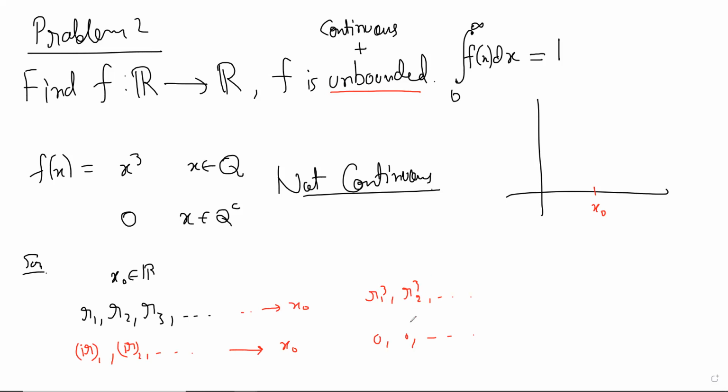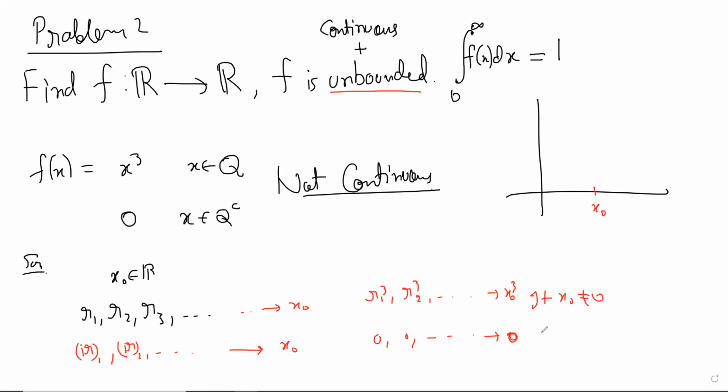These two are always going to be different things for any x naught not equal to 0, right? If x naught is not 0, then these two are different. This is equal to x naught cube, and this is equal to 0. So these two are different things. So we have proved that apart from 0, it is not continuous anywhere.